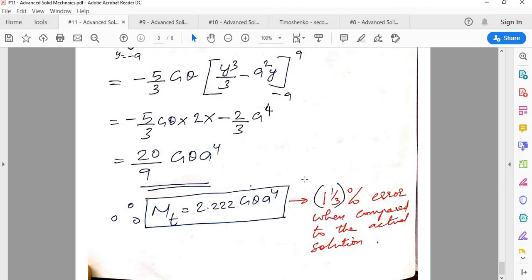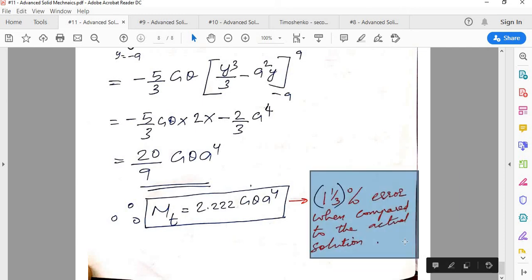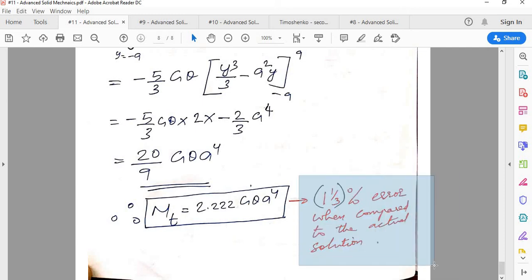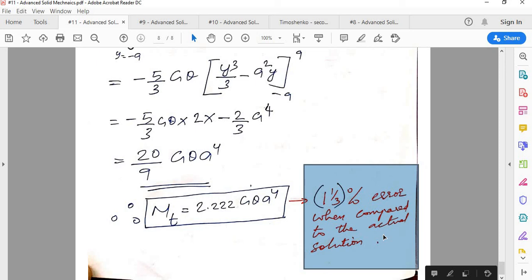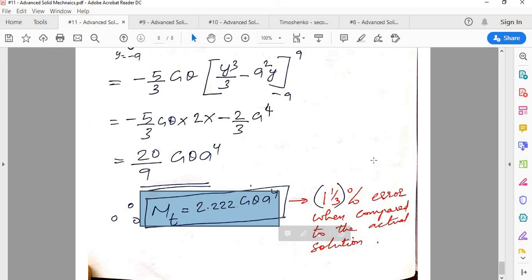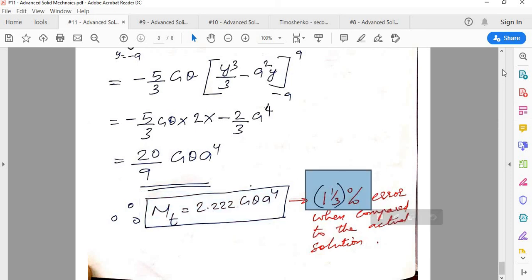It is seen that this approximate solution has an error of 1/3% when compared to the actual solution. What the actual solution is, we won't discuss here, but this is just a rough number which I am giving you to have a physical feel.